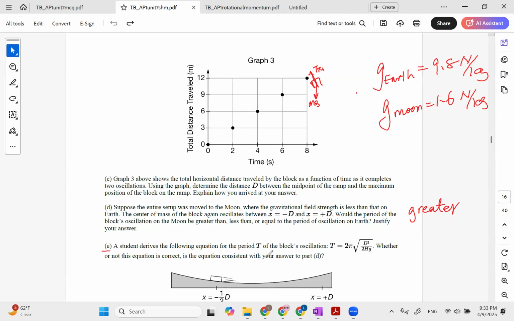And then E, you use an equation, right? But remember when you answer D, you're supposed not to use the equation in E. Actually, you use E to confirm what you get for D. So is it consistent? Mia, how do you answer E?